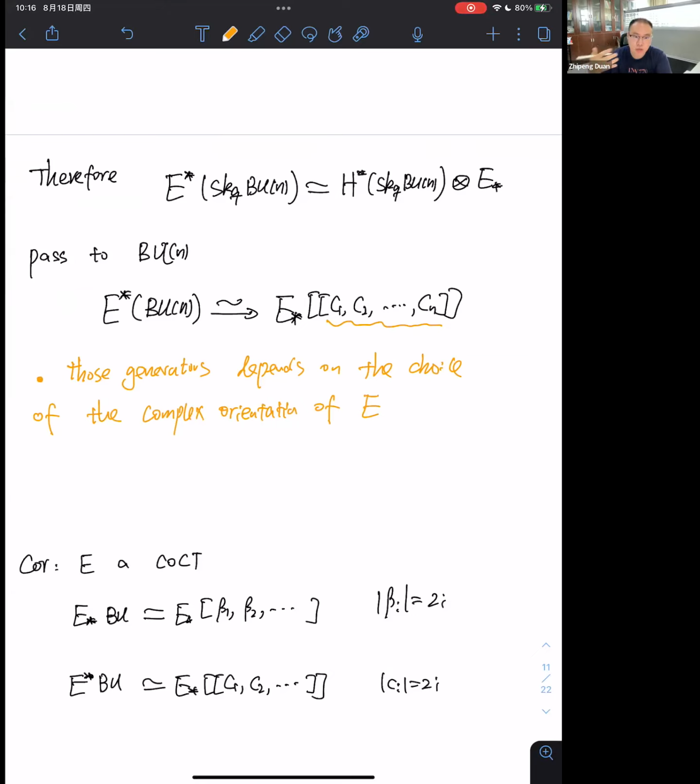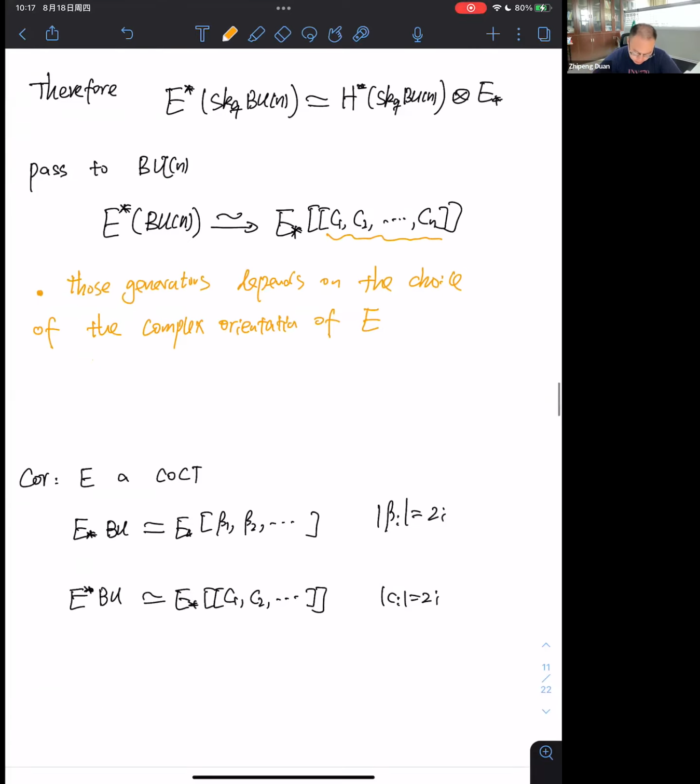And the choice of c2, c3, and cn, these higher Chern classes, is actually determined by the first Chern class c1. The determination is just because the ith Chern class is the ith elementary symmetric polynomial on n generators, and those generators are all complex orientations.